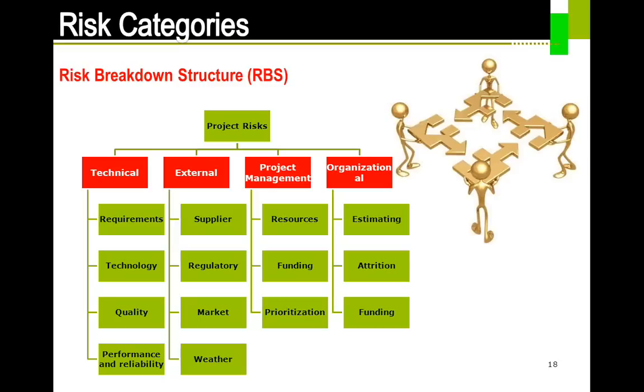As you saw here, under technical, you saw the requirements. In fact, requirements can also go under project management, because under project management you might also end up doing the business requirement capture. We can also see something called external, where we would not have much control as a project manager, which is the supplier or the vendor. Regulatory typically comes from the government organizations.